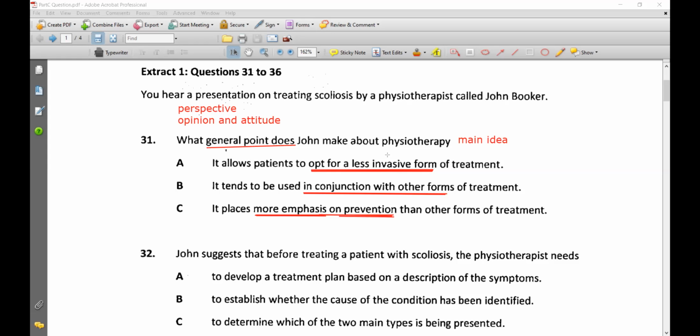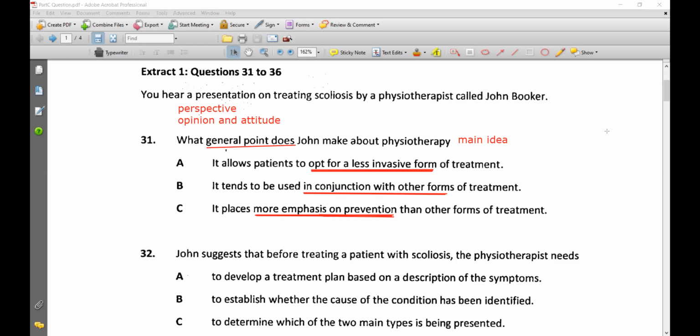Here it is how invasive the treatment is, and here it is what it is focusing upon. Is it prevention? Is it treatment or cure or rehabilitation, for example? Whereas B says, no, there is no comparison. It is a combination of therapies, a combination that helps the patient recover.